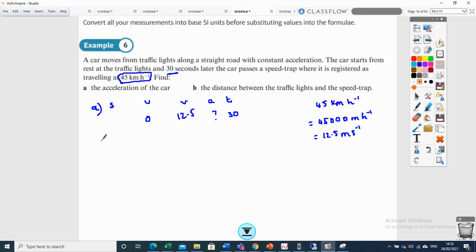Find the acceleration of the car. So what formula has acceleration in? V equals U plus AT. So 12.5 equals U, which is 0, so I'll leave it out, plus 30A. So A is equal to 12.5 divided by 30.